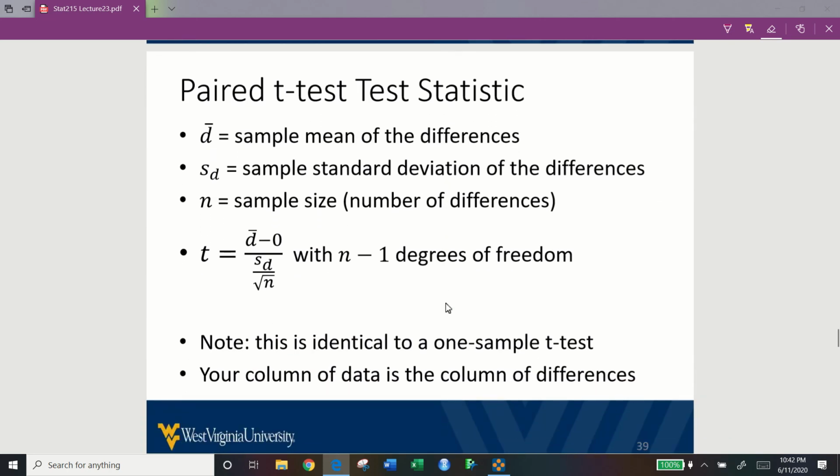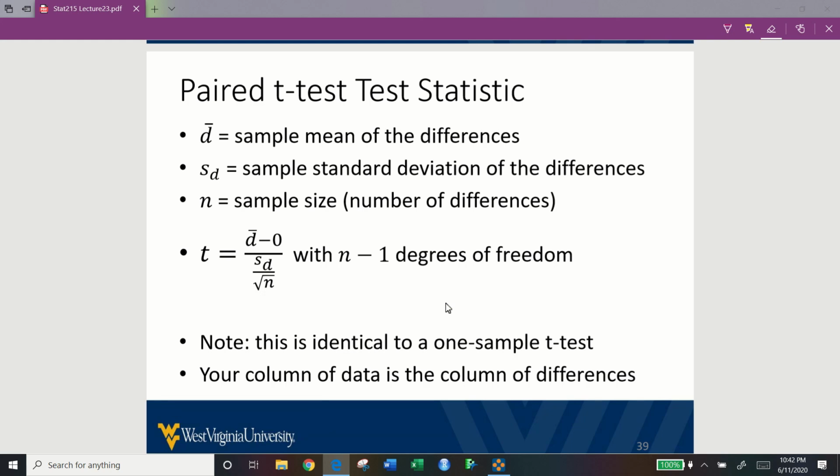Let's keep going and examine our paired t-test statistics. So d bar is going to be our sample mean of differences, sd is our sample standard deviation of the differences, n is our sample size, as always. Our test statistic is going to be d bar minus 0, all divided by sd divided by the square root of n.